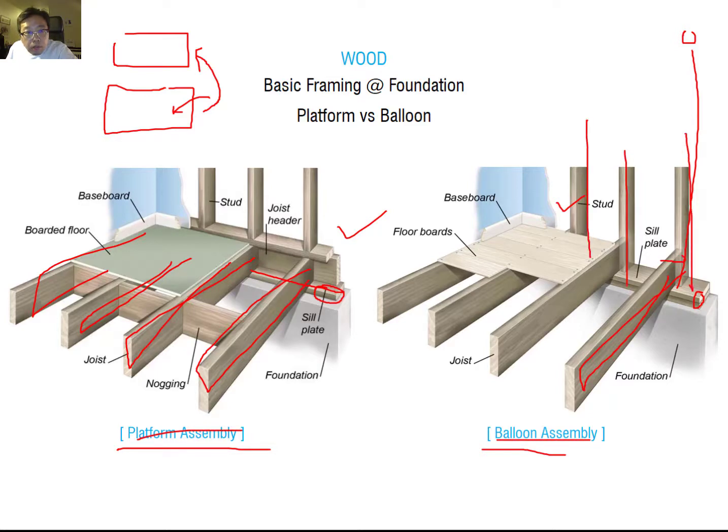However, for the platform, this joist is nailed down to the ceiling plate, and then it has the end joist here. Okay, you can see the end joist, but the balloon doesn't have an end joist. It's open here. Because the balloon framing is continuous framing from the ground level to the top, but platform framing is built sequentially, which is level to level.